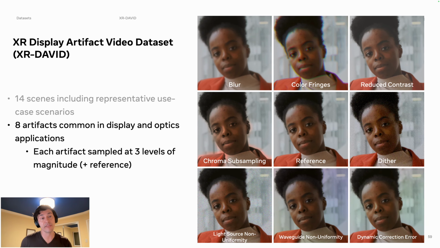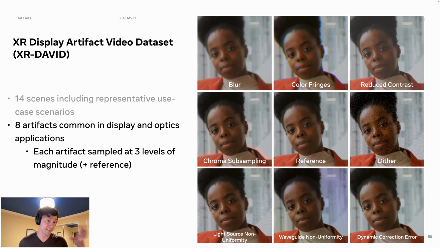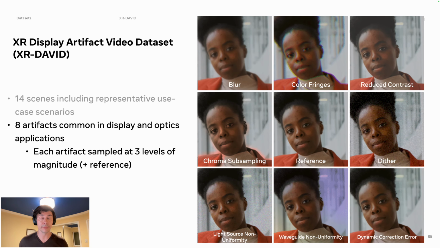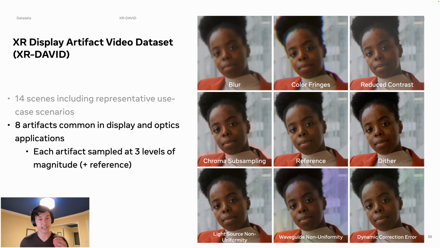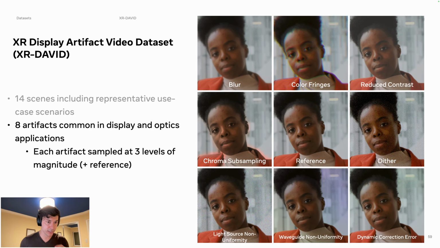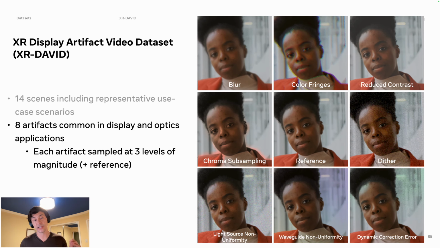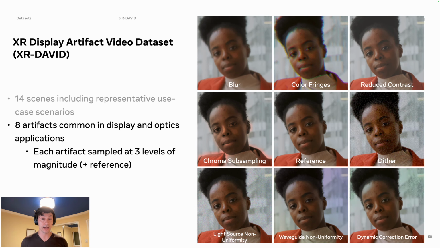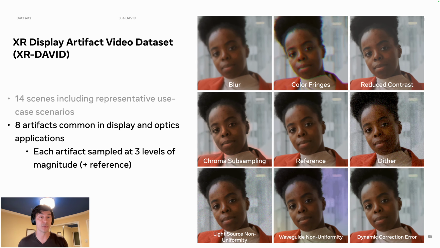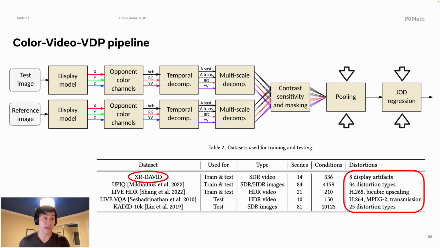Those 8 artifacts that I've mentioned earlier in the presentation, each one sampled at multiple levels of magnitude and also a reference. And so this is, to my knowledge, the most complete data set of display-specific artifact distortions out there. And we made sure that our metric works for all of these really well. We've also calibrated on other data sets that are more traditional and have things like video compression and other types of distortion that are popular in the literature.